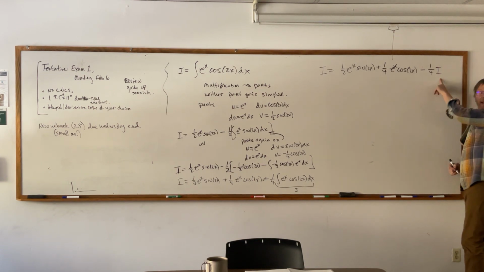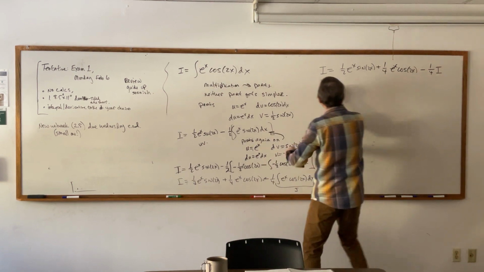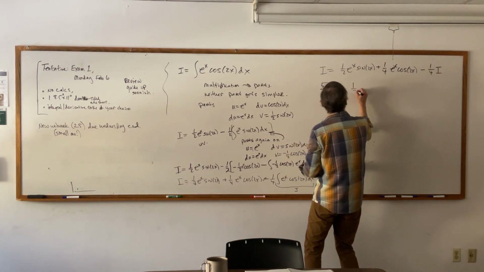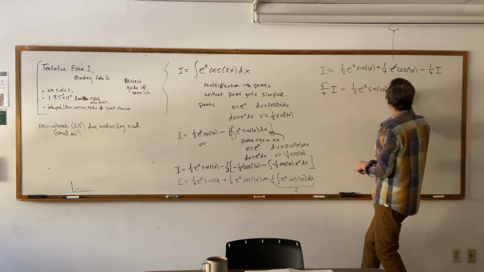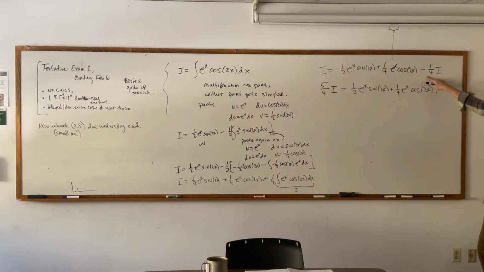I'm going to solve for I, so I'm going to literally add 1/4 I to each side. So just add 1/4 I over here, you get 5/4 I equals this stuff. So I just added that to both sides, multiply by 4/5, and I know what I is.